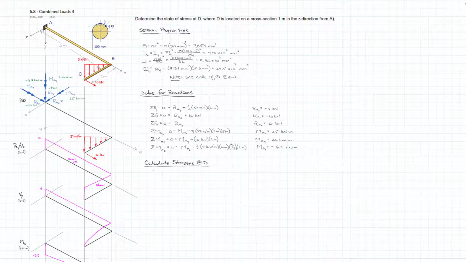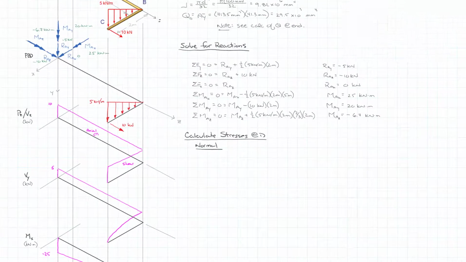We're going to do all of our normal stresses, and then we'll do our shear stresses. And so the first one is as a result of the axial force. And so, that's why we talked about each of these diagrams as we were doing it out. The axial force is a result of P at Z.